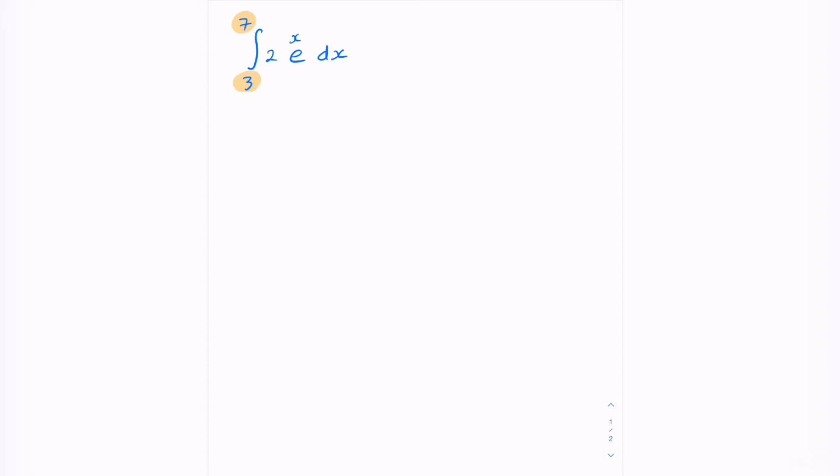All right, so the integration of 2e to the power x is 2e to the power x. Because we know the integration of e to the power kx dx equals e to the power kx divided by the derivative of the power, which is k, plus c.